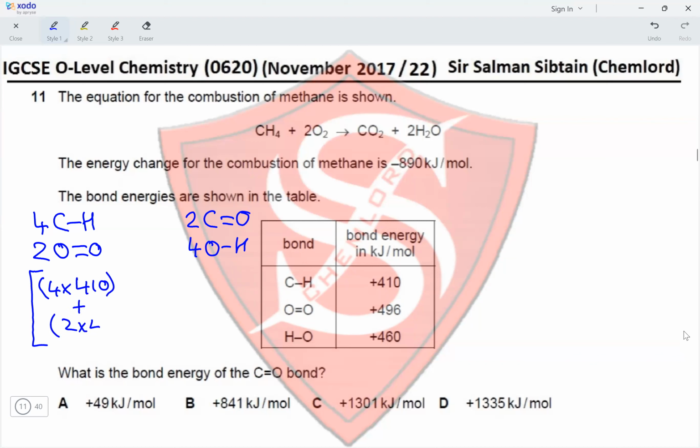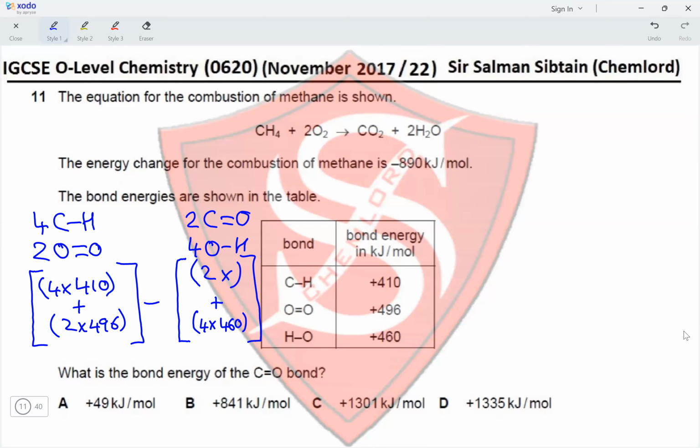And the energy that will be released when bonds are formed would be 2 into x for the C=O bond plus 4 into 460 for the O-H bonds.